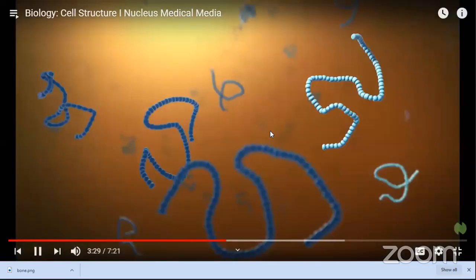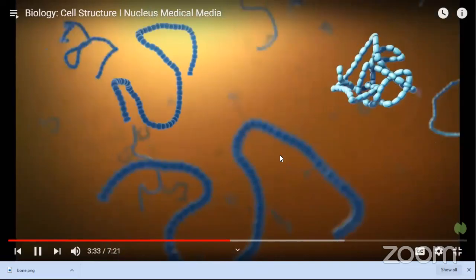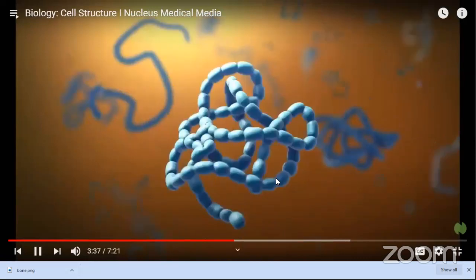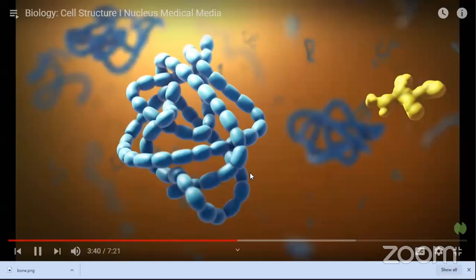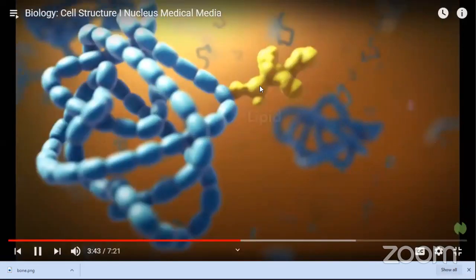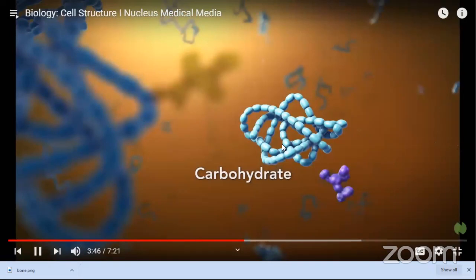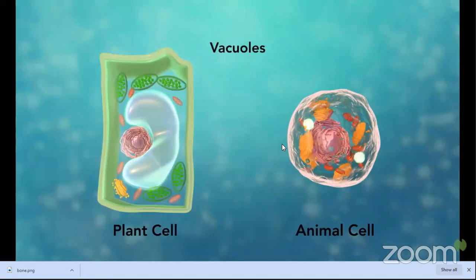In the Golgi apparatus, the protein received from the vesicles is customized as usable, folding it and adding other material, lipid and carbohydrate. Okay, glycoprotein or lipoproteins.